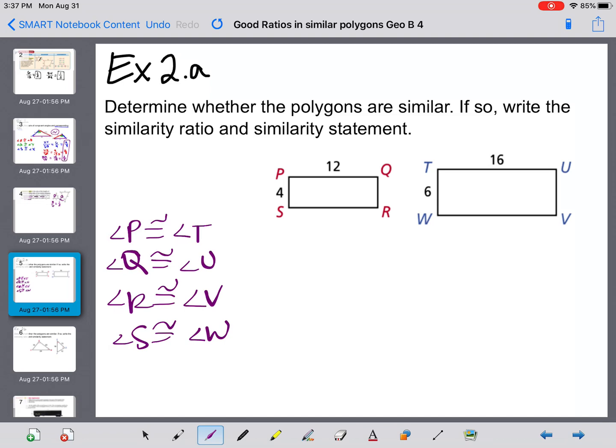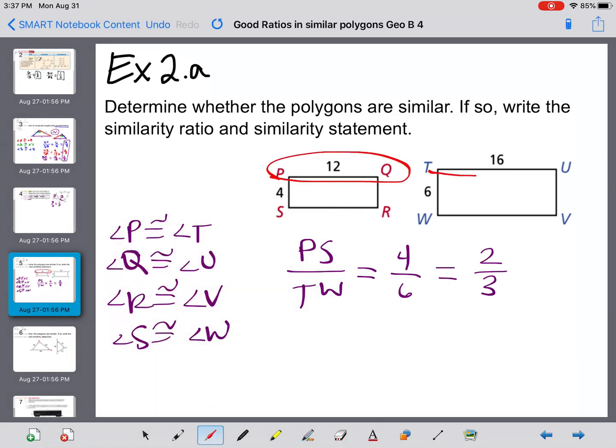Now we want to check to see if our sides are proportional. PS lines up with TW. If we check the ratio, it'd be 4/6, which would reduce to 2/3. PQ corresponds with TU.